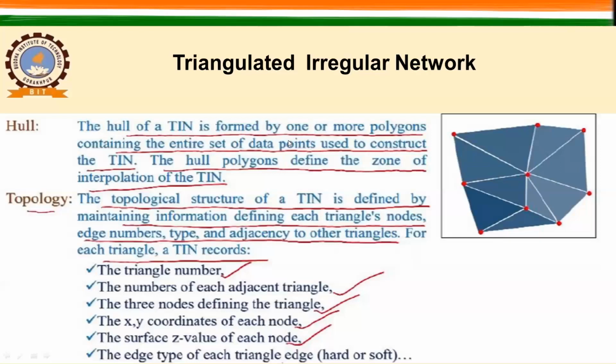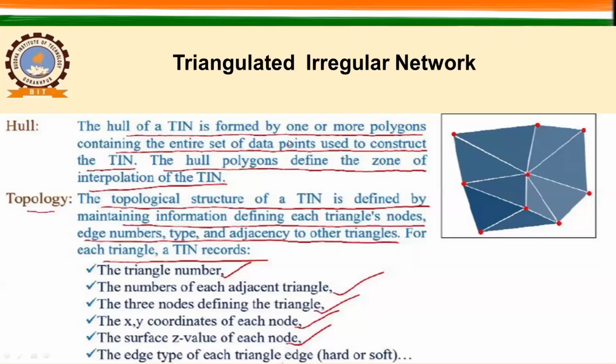For each triangle, a TIN record holds the triangle number, the number of each adjacent triangle, the three nodes defining the triangle, that is the x coordinate and y coordinate of each node, the surface z value of each node, and the edge type of each triangle edge, hard or soft. Topology basically keeps a record of all the associated boundaries, points, or surfaces to define the location and position of a particular point.